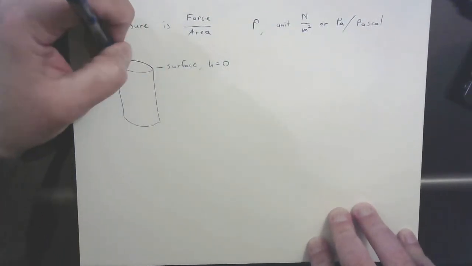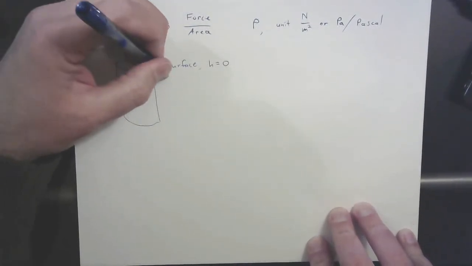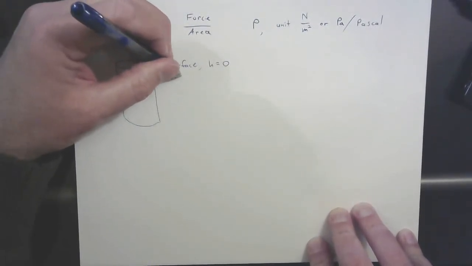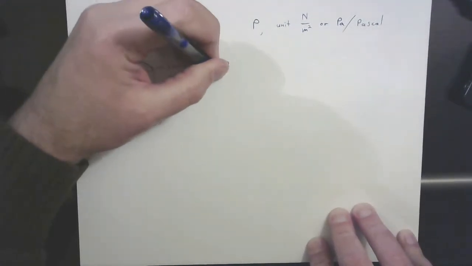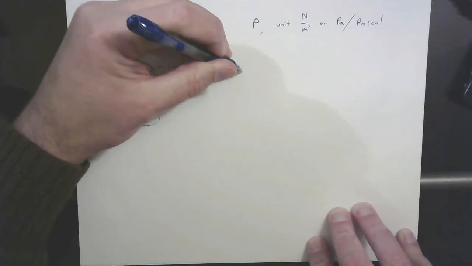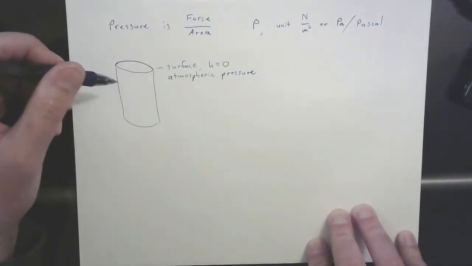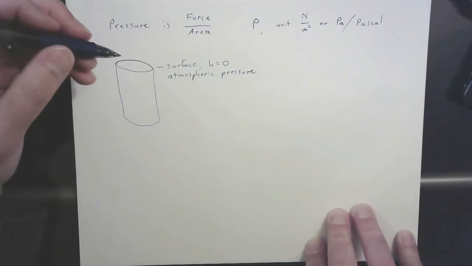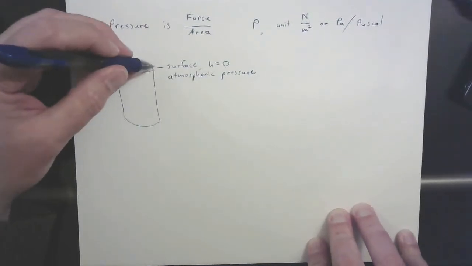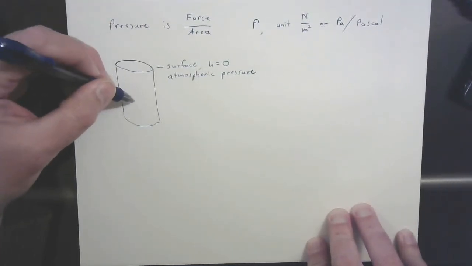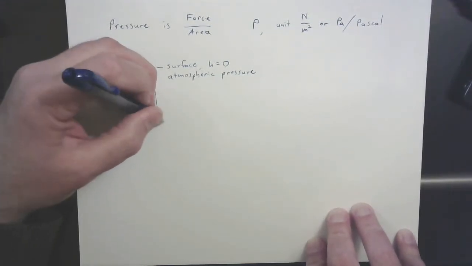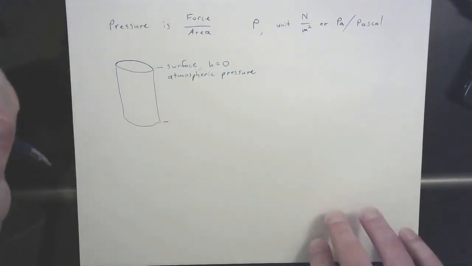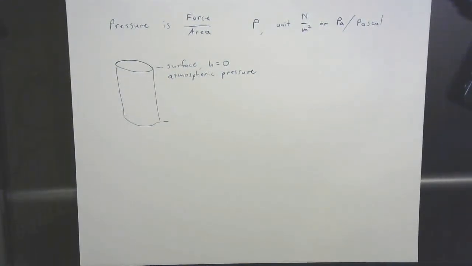And at the surface, you're going to feel what we call atmospheric pressure, the pressure from all the air. And then as you go deeper in this container of water until you're at the bottom, you could think that, okay, now I've got the pressure of the air plus all the weight of all that water on top of me.